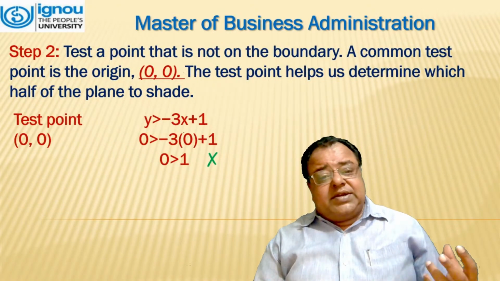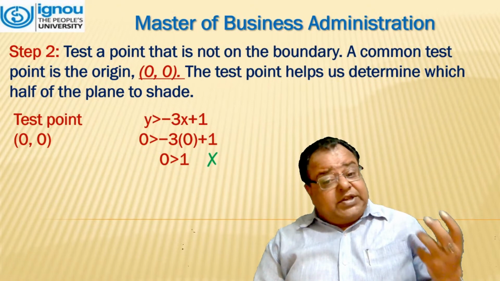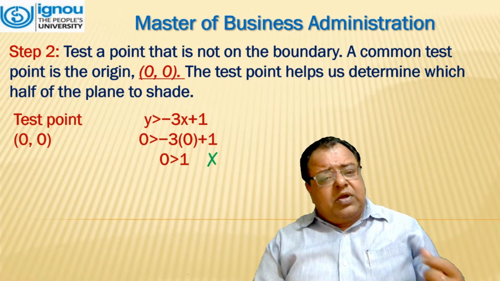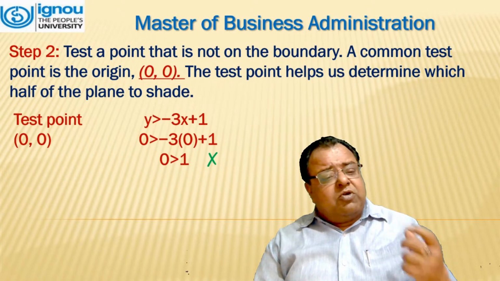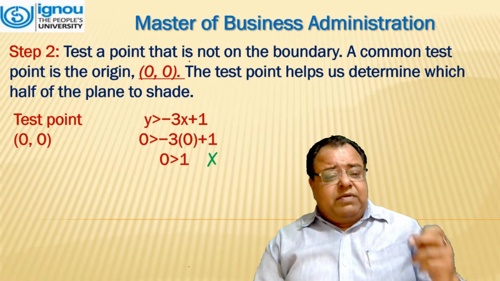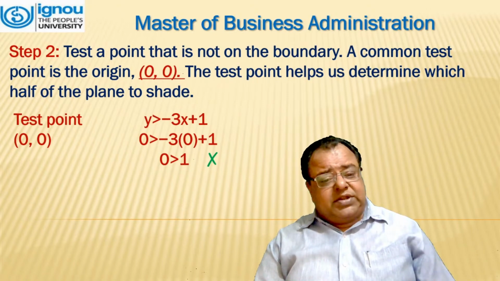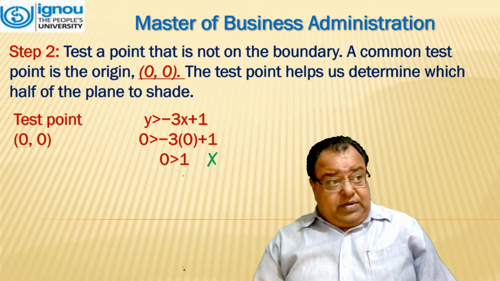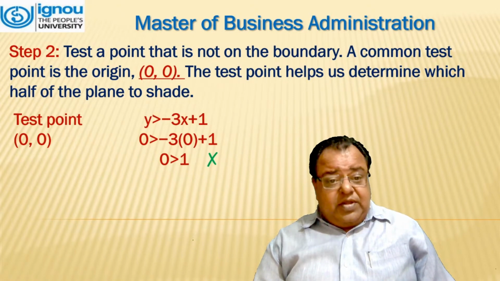Now, to test the feasible region for this inequation, normally we put in the value 0 comma 0, that is the origin, in the equation. That means we replace y with 0 and x with 0. We get 0 is greater than 1, but that is wrong.